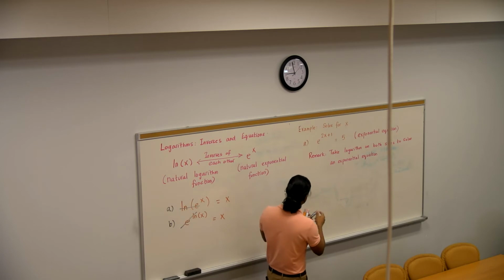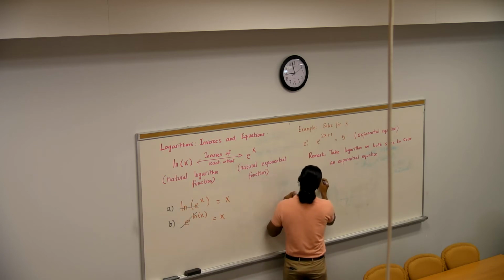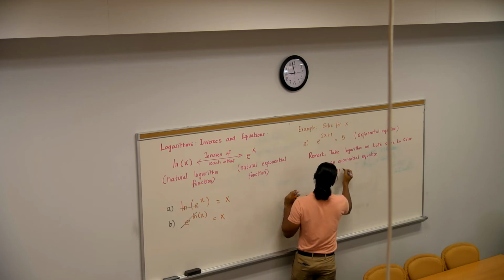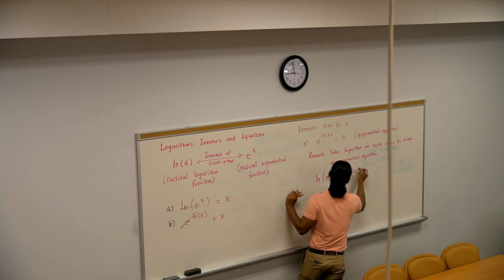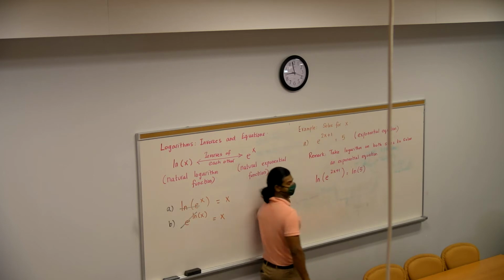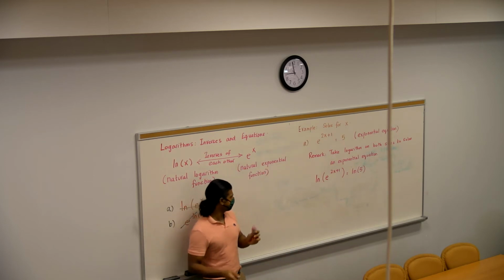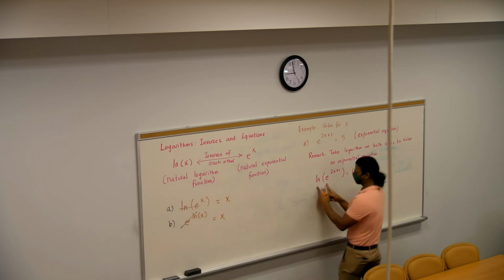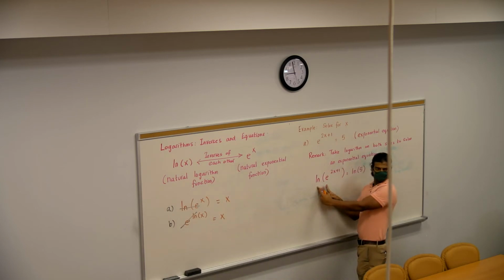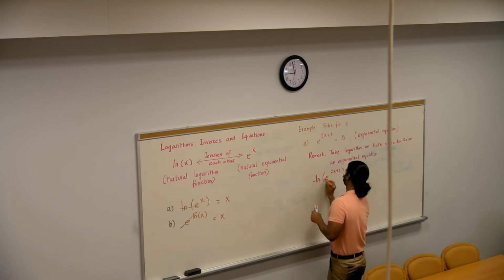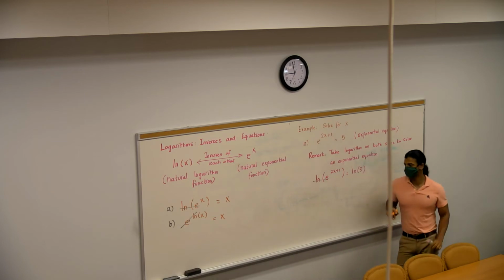So if I did that, I would get ln of e raised to 2x plus 1 equals ln of 5. Right? I take ln on both sides. What would happen to those two? Get cancelled. Easy way to remember.